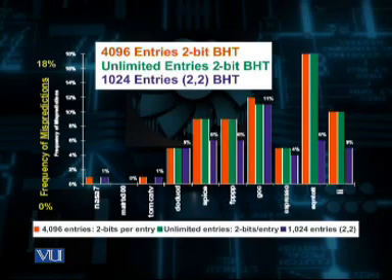Note that both these predictors have the same number of bits, that is 8K, and the 2-bit predictor is also shown with unlimited entries. You can see here that the 2,2 correlating predictor with 1K entries outperforms the simple 2-bit predictor with the same number of bits as well as with an unlimited number of entries.